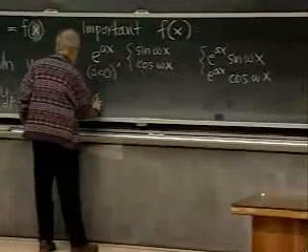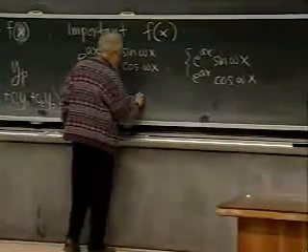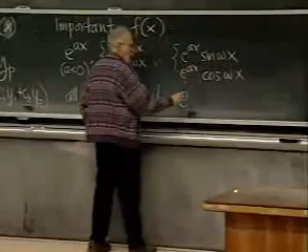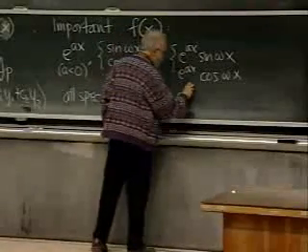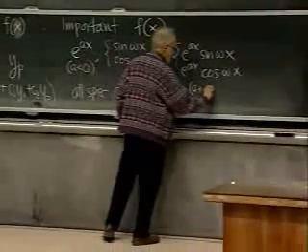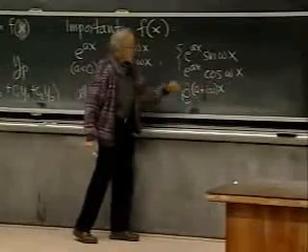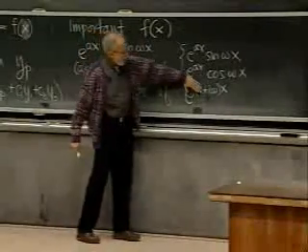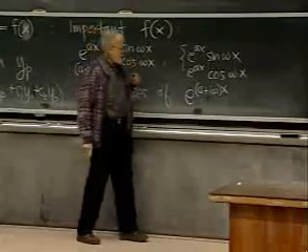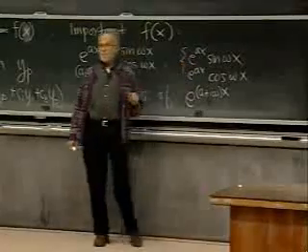So they're all special cases of e to the, I'll write it alpha x, well, why don't we write it a plus i omega x, right? If omega is 0, then I've got this case. If a is 0, I've got this case, separating into its real and imaginary parts. And if neither is 0, I have this case.